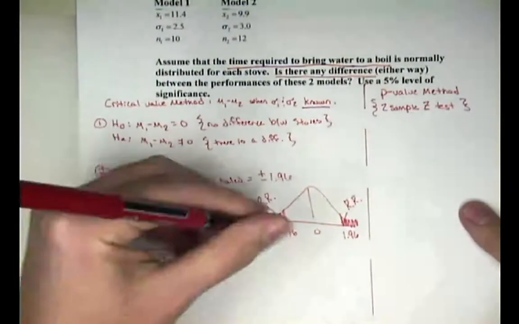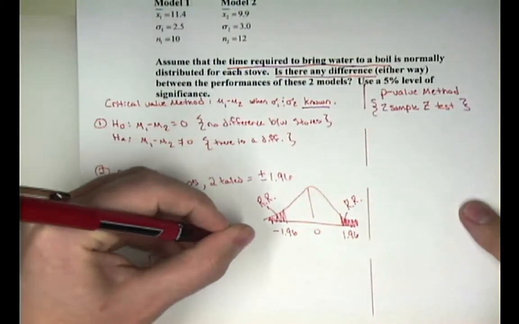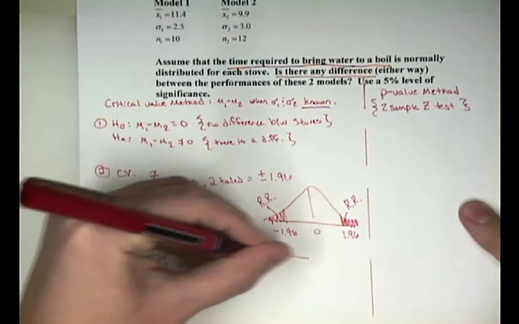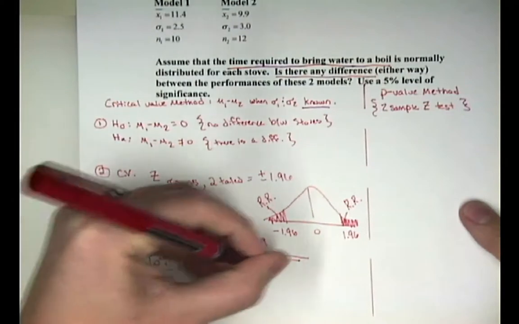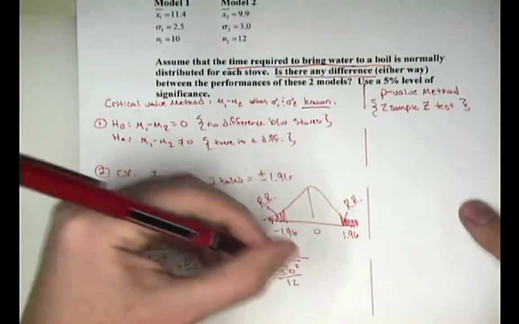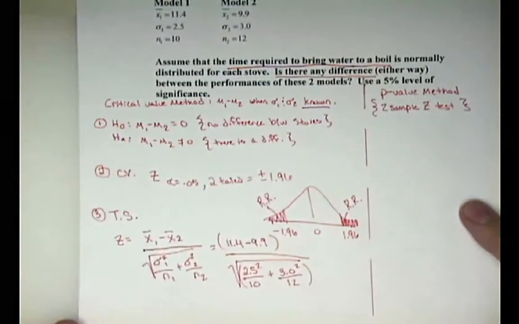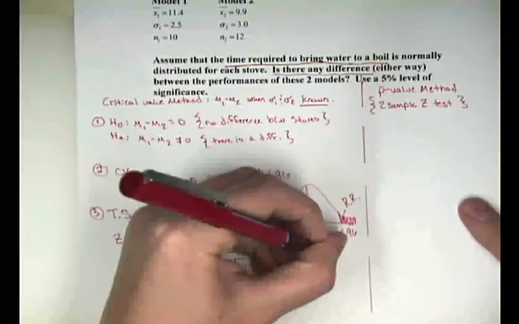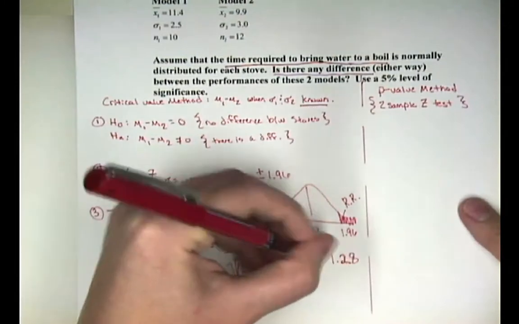Plug in what you know. You know x bar 1 is 11.4, x bar 2 is 9.9, all over the square root of 2.5 squared over 10 plus 3.0 squared over 12. And again, watch your arithmetic. You should be getting a test statistic of about 1.28, approximately.